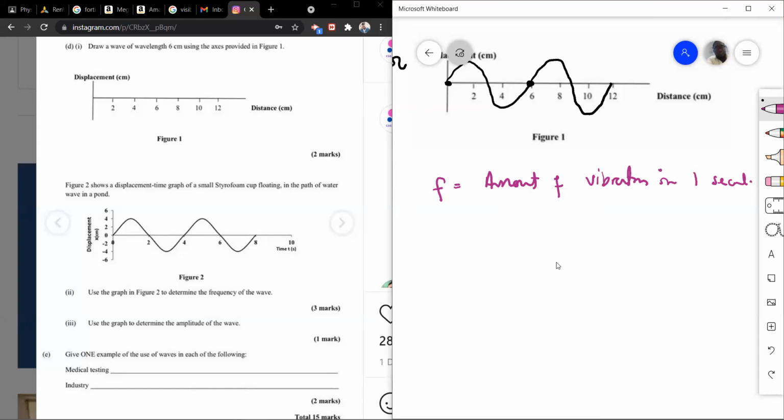Just remember what period is: the amount of time taken for one cycle. So one cycle is 4 seconds. So the frequency is 0.25, yes, because even if you do it with 8 and 2, you still get the same thing.